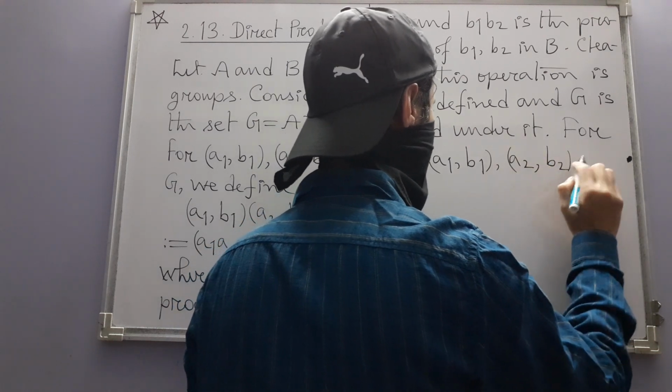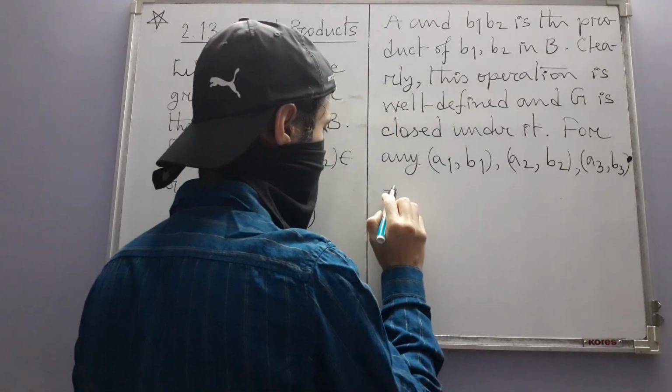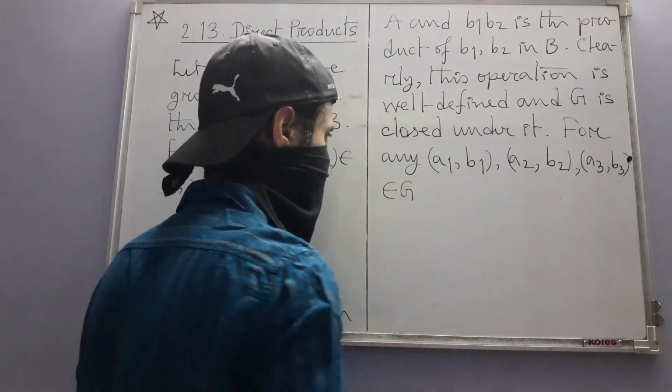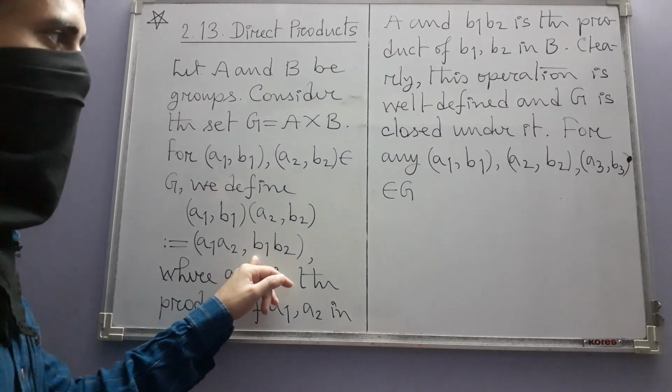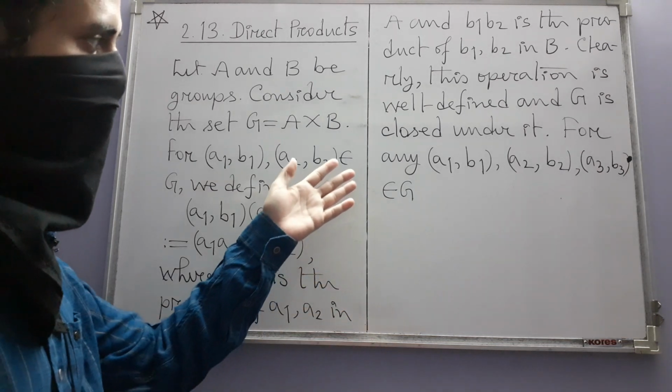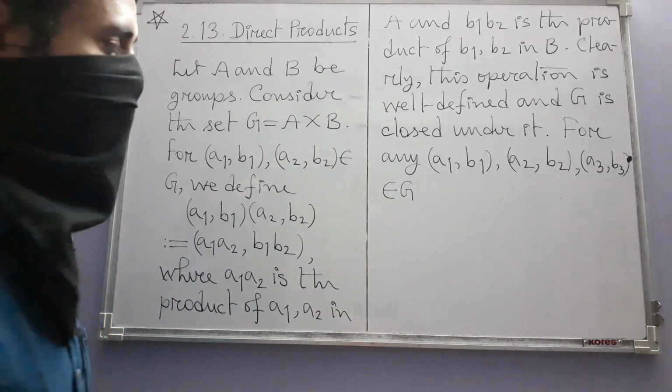Take A1, B1, A2, B2 and A3, B3 in G. You will notice that because this definition of the operation is very natural, the verification of all the axioms is also going to be absolutely straightforward.